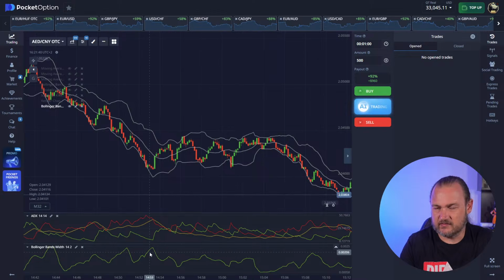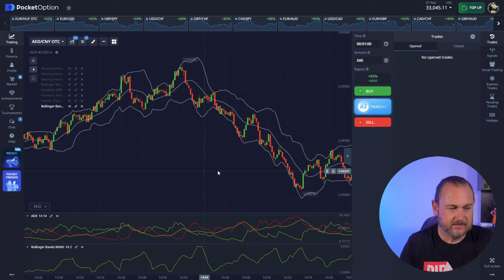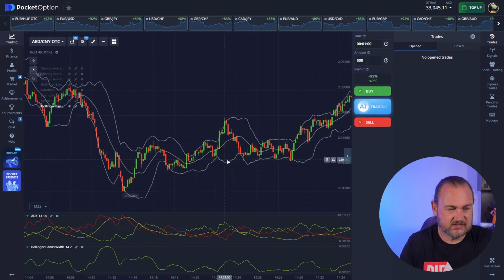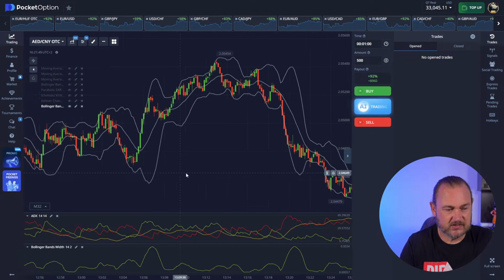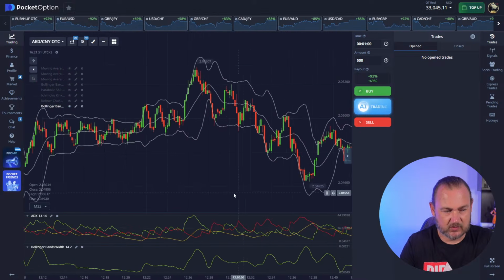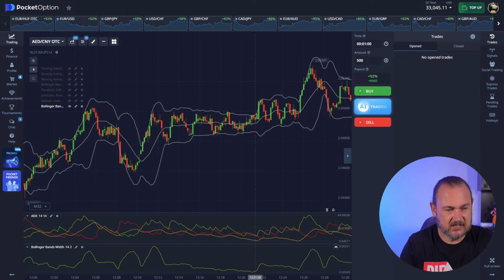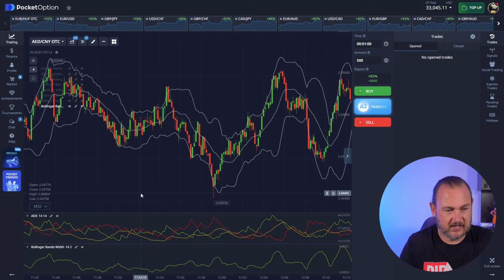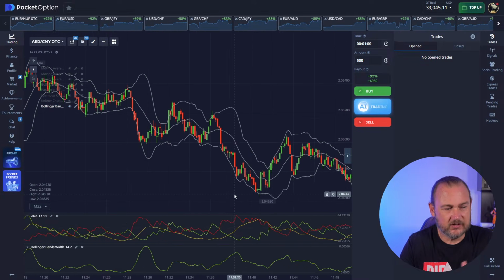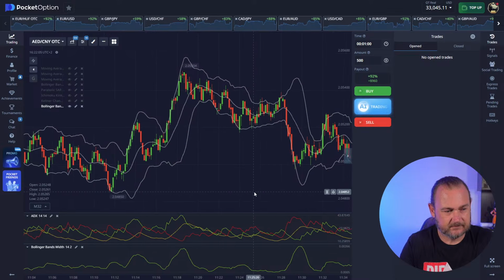And then for the squeezes, we will be able to pick up a Bollinger Band squeeze on the Bollinger Band width indicator as well. What we need is an area where this indicator is very, very low and just flatlining. When that happens, we know we have a squeeze on our hands.